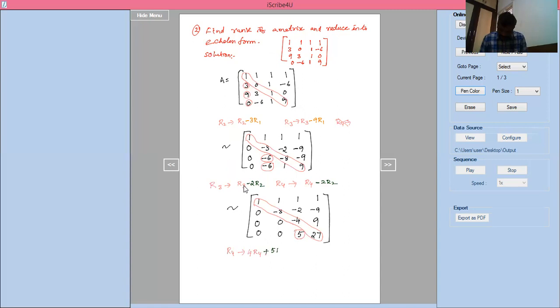Why plus? Because the symbols are different: here minus 4 is there, here 5 is there. So 4R4 plus 5R3 we can do. First I can write R1, R2, R3 rows as they are, then simplify the R4 row only.